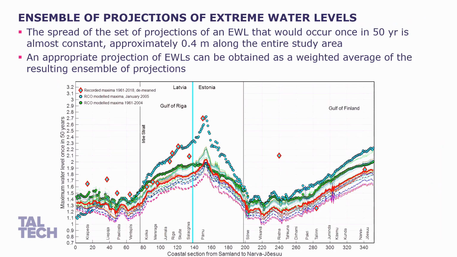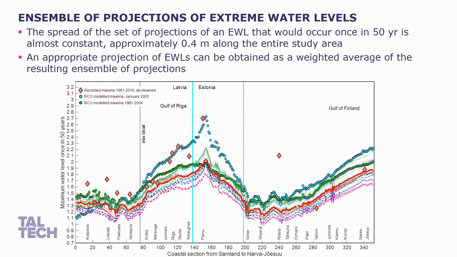And the spread of the projections of extreme water levels that would occur once in 50 years is almost constant. It's 40 centimeters along the entire study area. And the appropriate projections of extreme water levels can be obtained as a weighted average of the ensemble members.